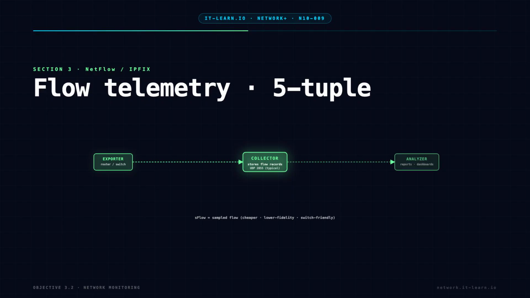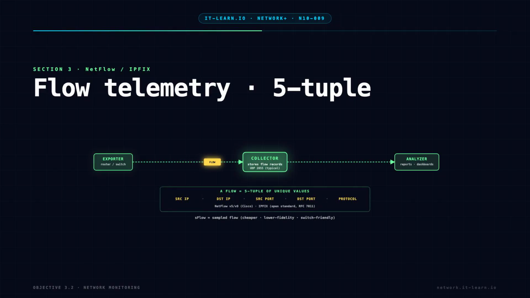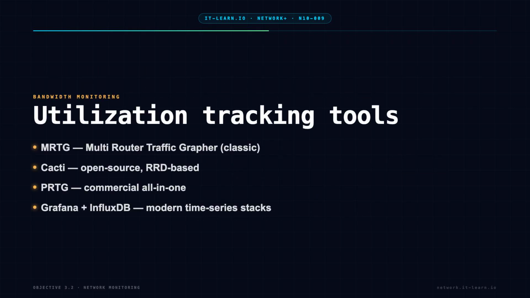A flow is defined by a set of characteristics including source and destination IP addresses, source and destination ports, protocol, and interface. Flow data provides visibility into who is communicating with whom, what applications are being used, how much bandwidth each application consumes, and traffic patterns over time.